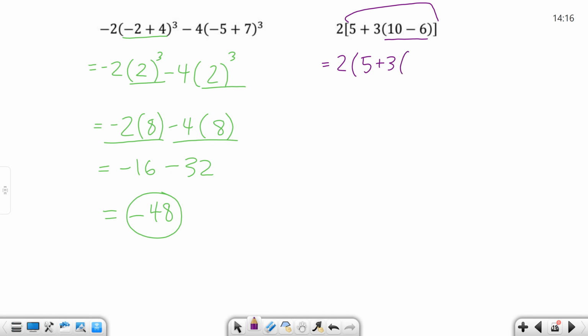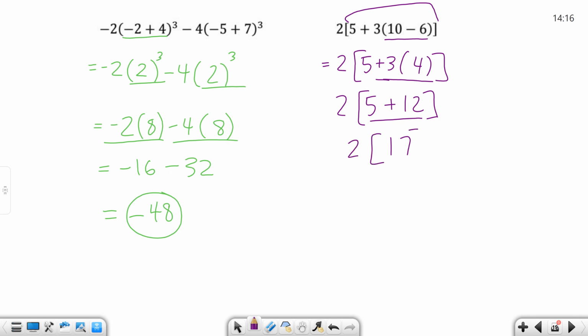So it's going to be 2 times 5 plus, now we multiply this, 5 plus 12. Let me put in the bracket I forgot. And then put these together. That's going to be 17.